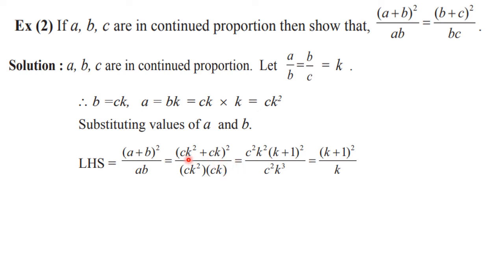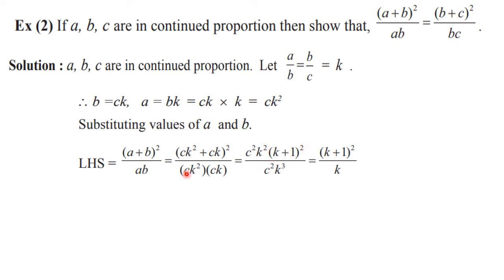Now here you will observe that inside the bracket, CK is common. So CK is taken out common and then K plus 1 is left out. But while writing, it is written separately, so C square, K square and (K plus 1) the whole square.